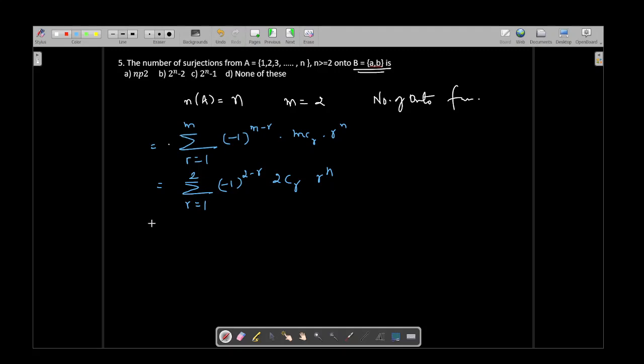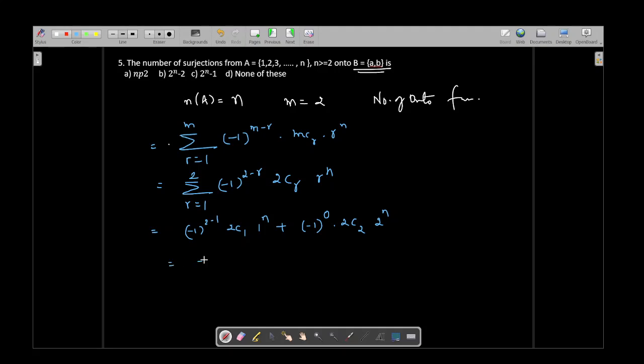Let's expand by putting r is equal to 1. So I'll get minus 1 power 2 minus 1, 2C1, 1 power n, plus minus 1 power 2 minus 2 is 0, and 2C2, and we have r is 2 now, 2 power n.